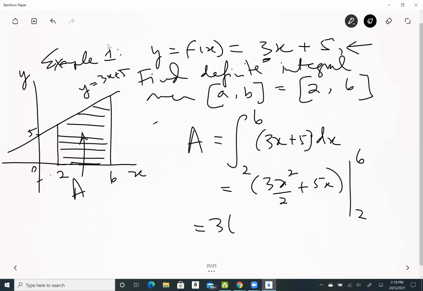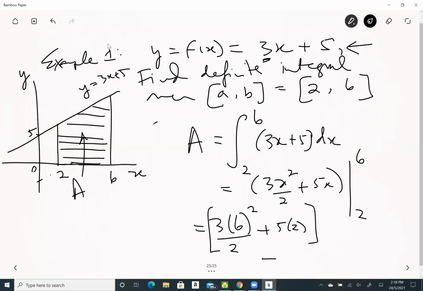So we have 3 times 6 squared over 2, plus 5 times 6. That is our first value, the value of the integral at 6.